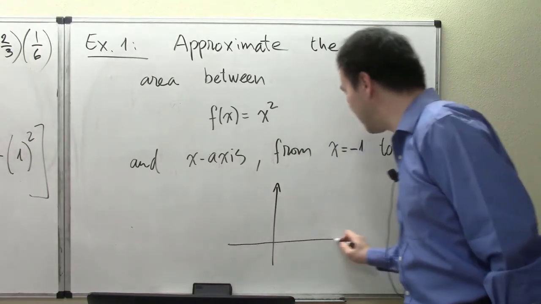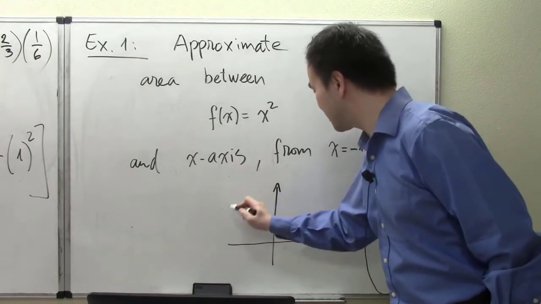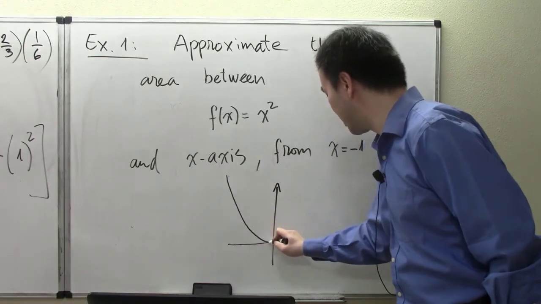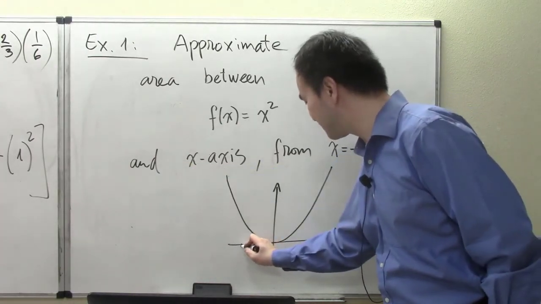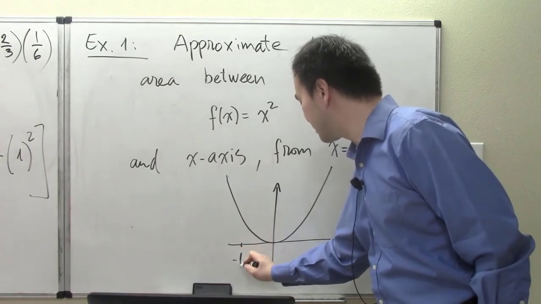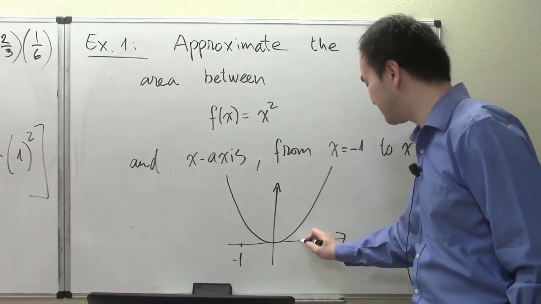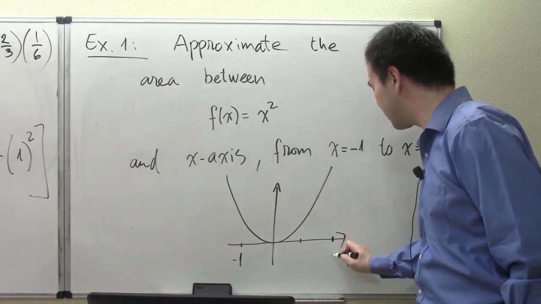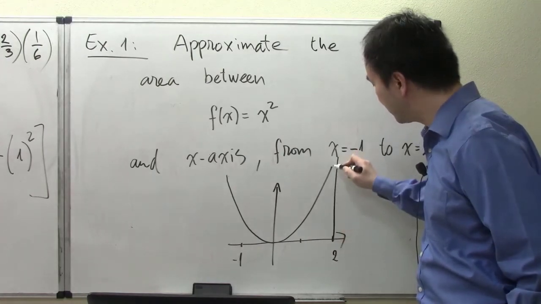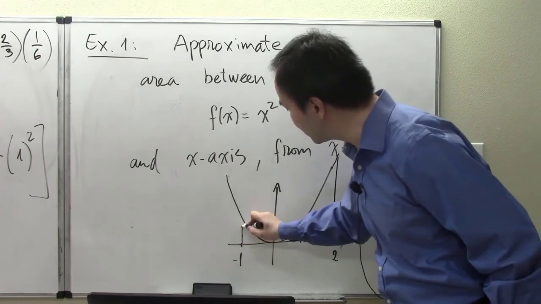Since my picture is so small, I'm going to keep swinging back and forth between what's on the board here and what's with decimals. I'm mostly going to use the decimals for the picture. But see, 2 is about here. So we've got about 2 areas like this.